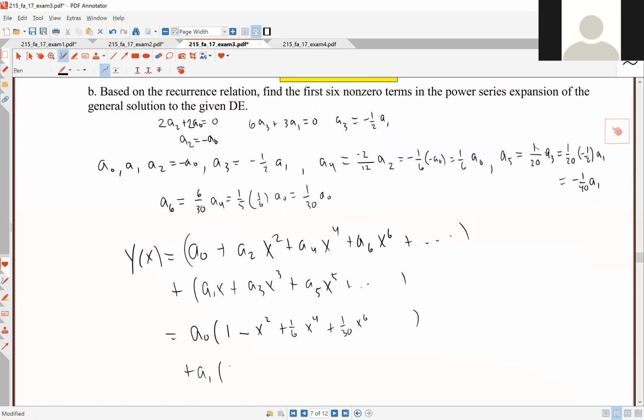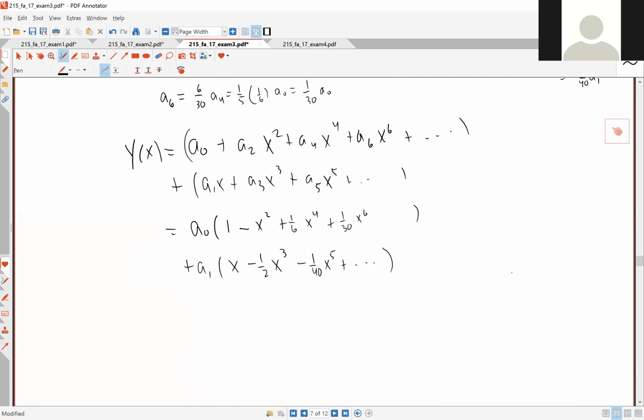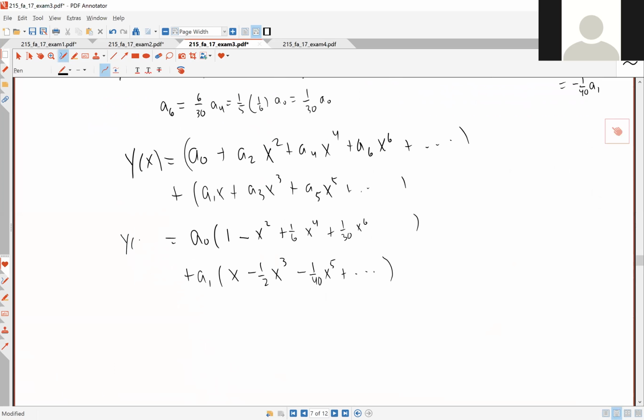For a1, that'll be an x plus a3, which is negative 1/2, a5 is negative 1/40. And that's our final solution for the specified number of terms.